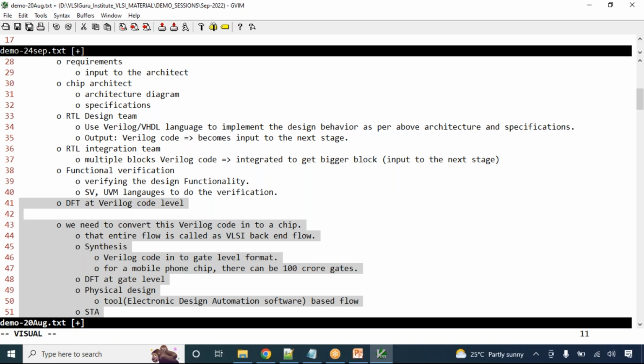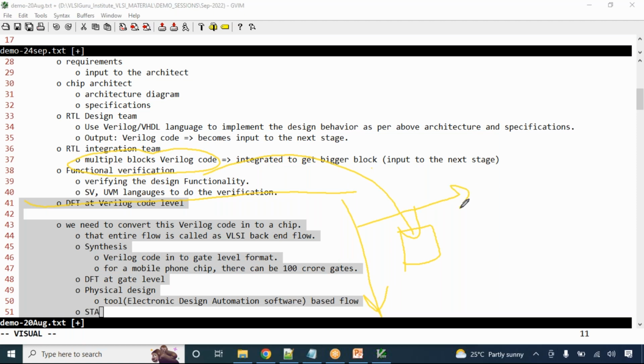Whereas in VLSI, in chip design, once you have reached this stage, from here you need to take it through a process where you finally make a chip out of it. Whatever you have done, the coding, this Verilog code we are talking about, needs to be converted into a chip.